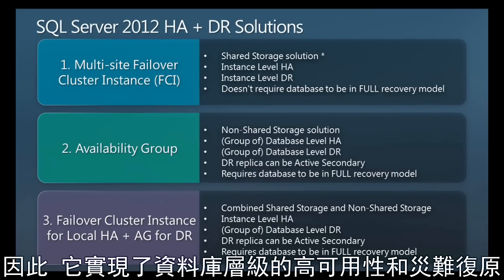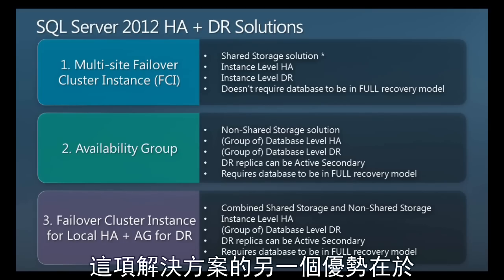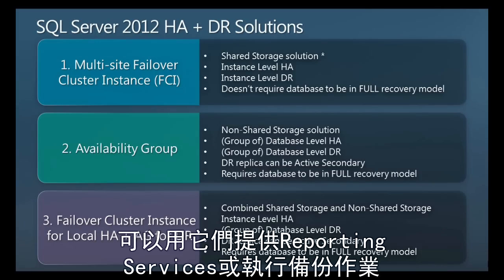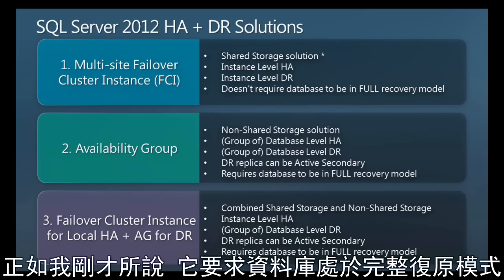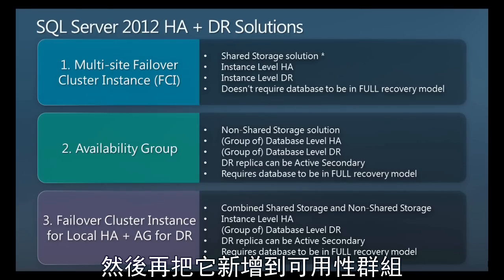So it's database level high availability and database level disaster recovery. Another benefit is you can leverage all your replicas as active secondaries. You can use them for reporting or for backup jobs. So there's no more idle hardware in your whole plan. As I just mentioned, it requires the database to be in full recovery model. You need to do a full backup of your database before you can add it into the availability group.